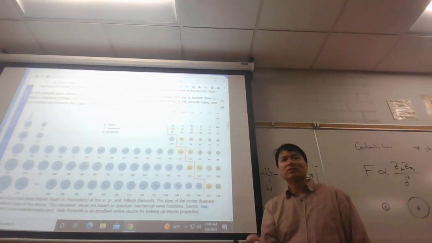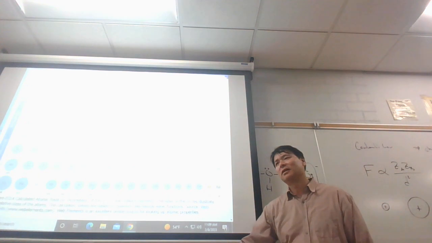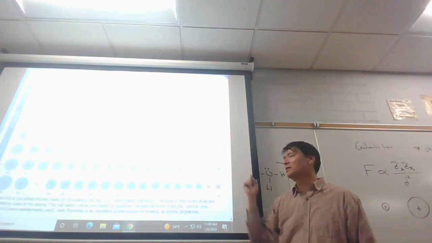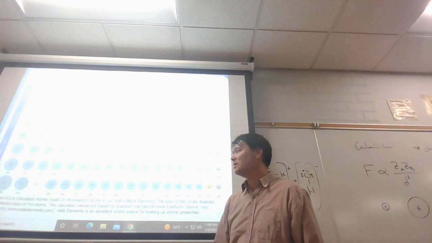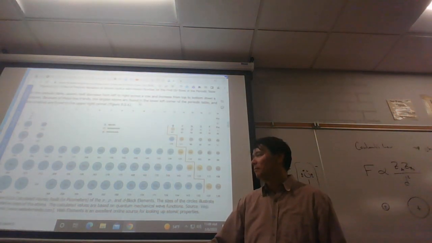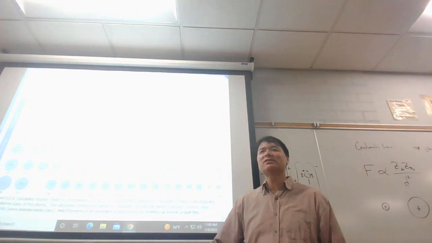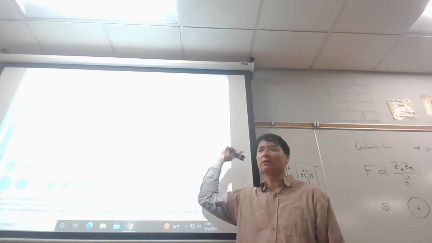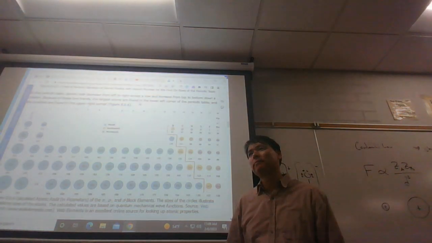Well, 62 is close enough to 100 because I don't want you to memorize it that precisely. What's the biggest? Cesium, at 596. Yeah, 596 is close enough to 600. So 100 to 600 picometers is roughly the size of atoms.